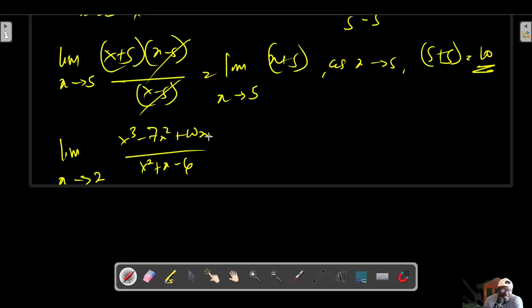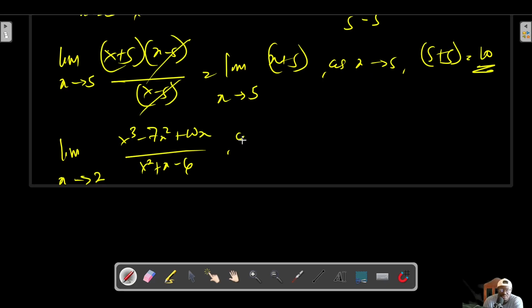As you realize, the numerator and the denominator are all polynomials. So what do we do then? We try as much as possible to factorize the expressions on both the numerator and the denominator. But first, you have to check if this is an indeterminate.